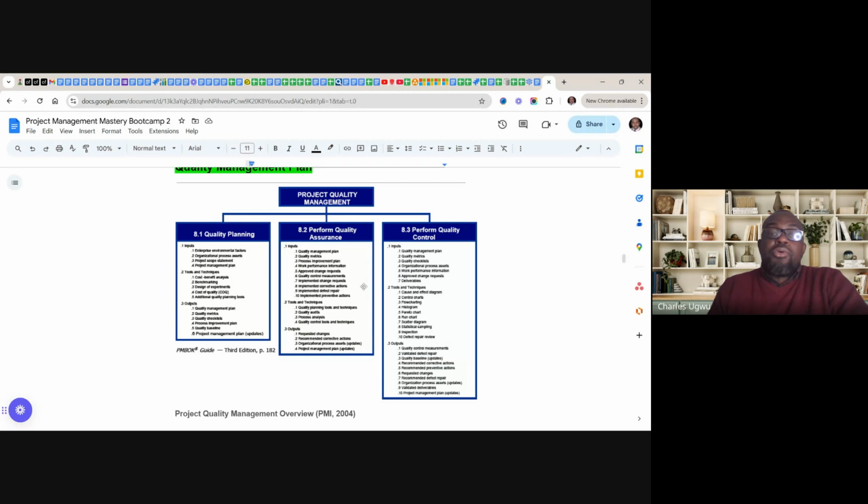So you can go later, maybe by the time I've shared the lecture notes, and have a thorough look at the way PMI documents it in this diagram. We're not going to follow PMI, we're going to follow our dedicated lecture notes, which break it down the way we are going to understand it better.